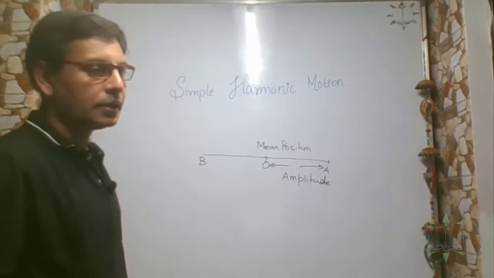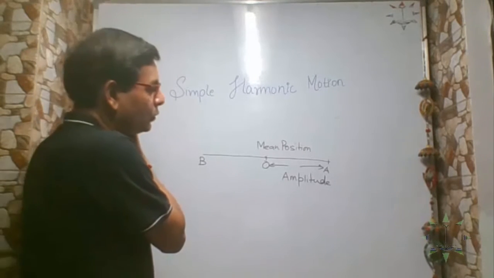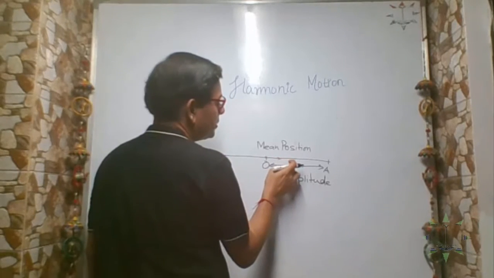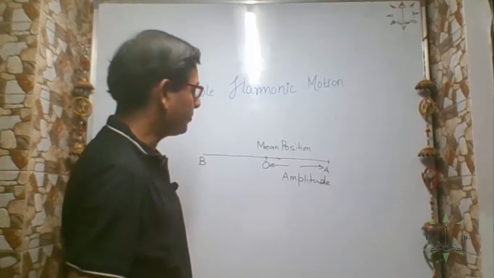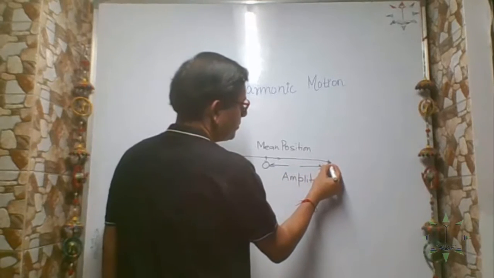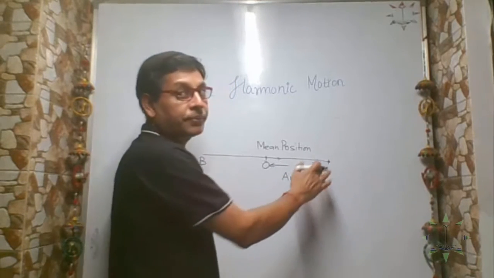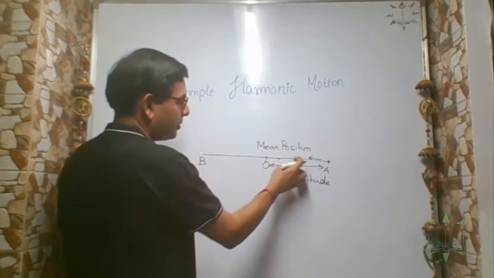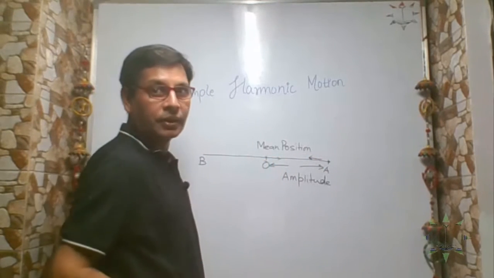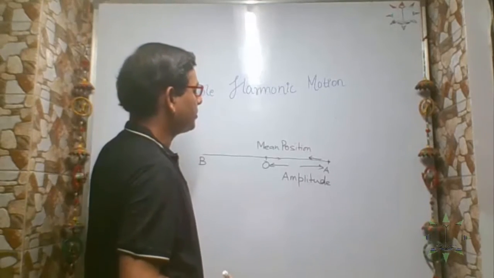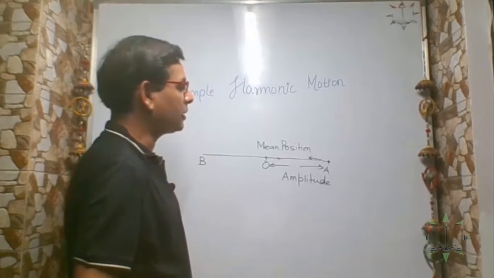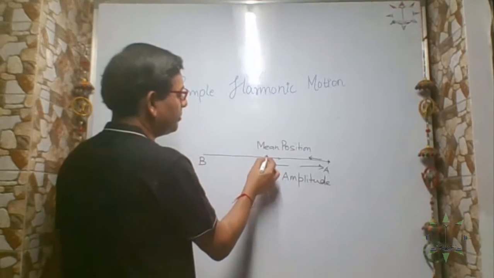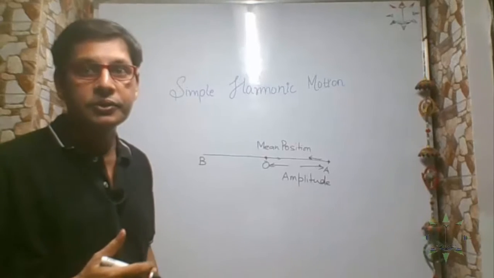As the particle goes away from the mean position, its velocity continuously decreases. At this point, when its velocity becomes 0, it stops and starts coming back towards the mean position. When it comes back towards the mean position, at this point it gains maximum velocity.